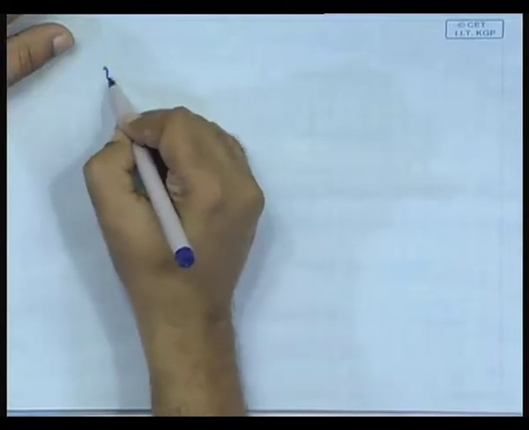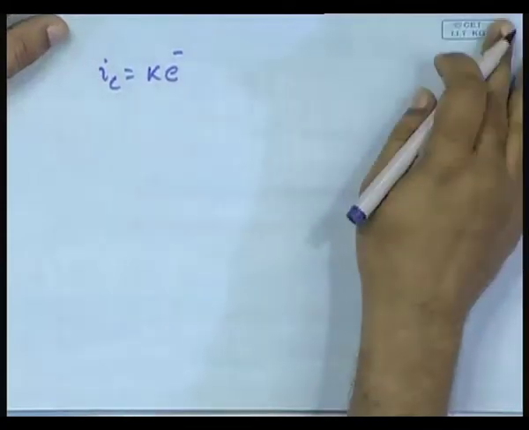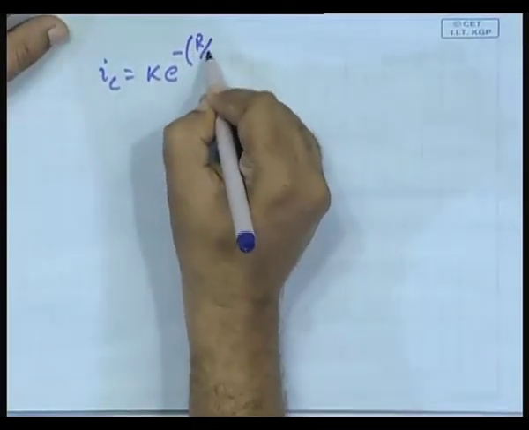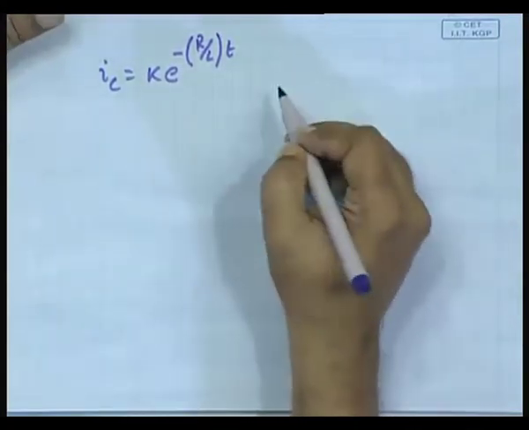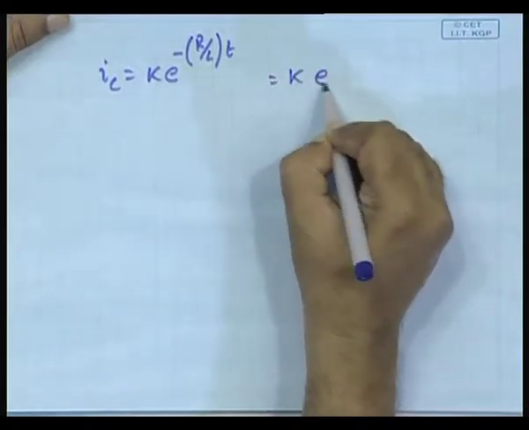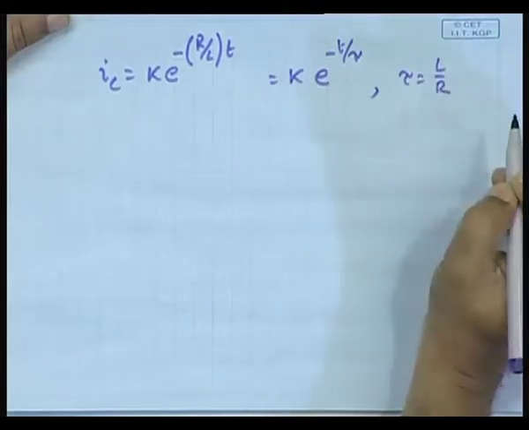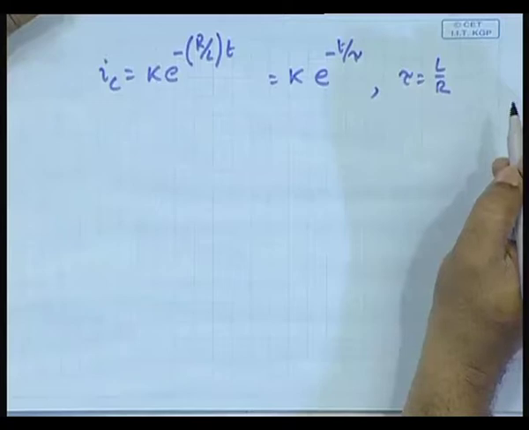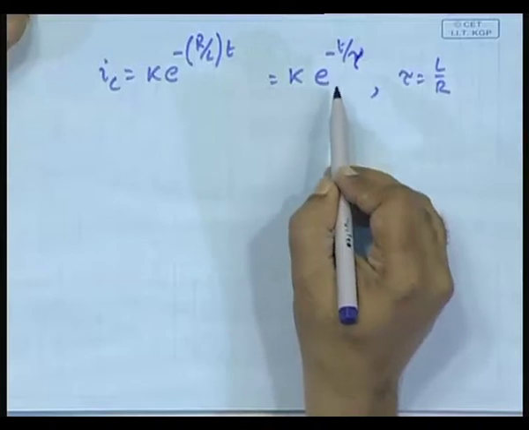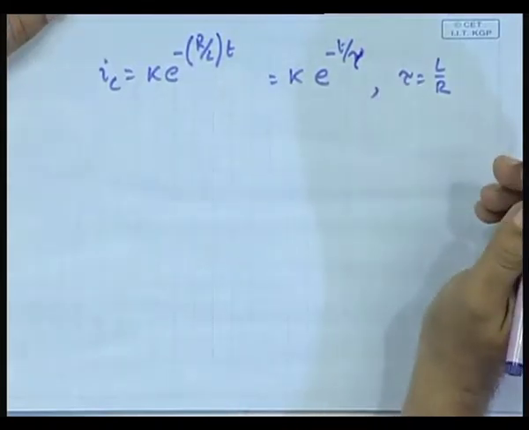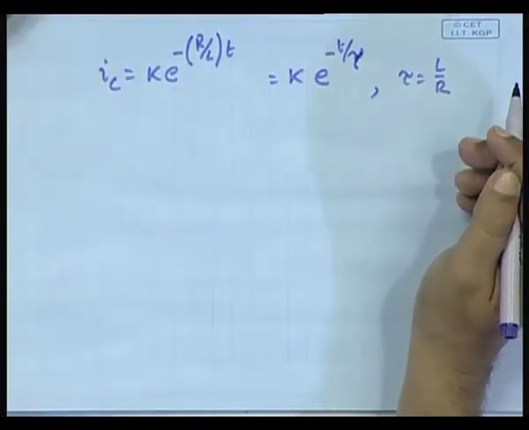Yes. So, I c is k e to the power minus R by L t, which is k e to the power minus t by tau, where tau is equal to L by R. Is this right or wrong?